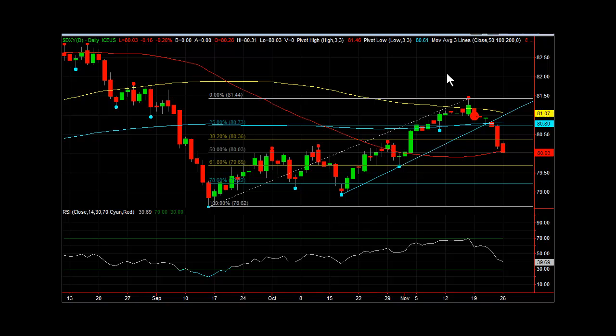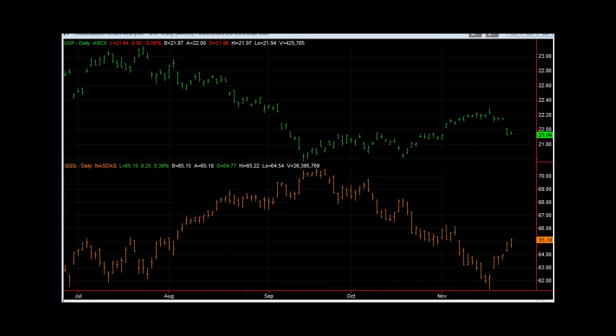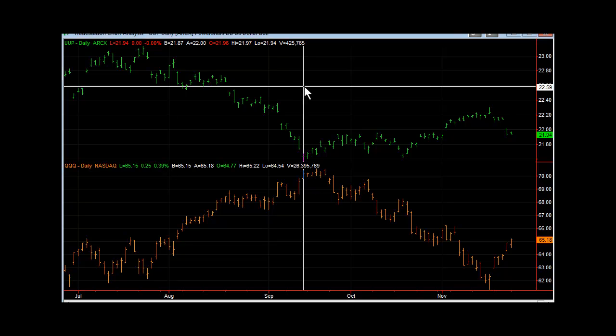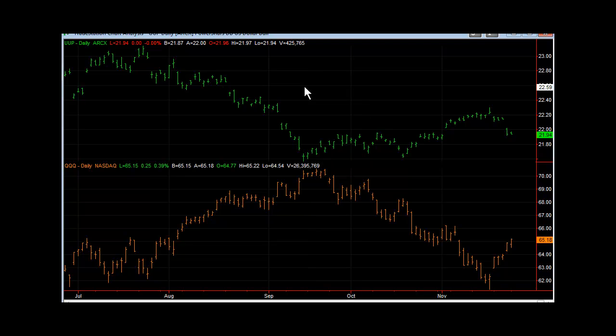Now I'll show you the correlation with the NASDAQ 100 and the U.S. Dollar Index right now. The top chart right here is the UUP, the PowerShares U.S. Dollar Bull Index, and below here is the triple Q, the NASDAQ. So you can see that when the dollar bottomed on September 14th, we also got a high on the Qs.